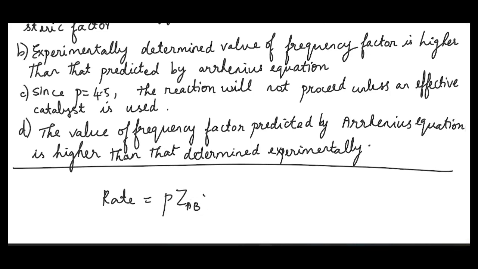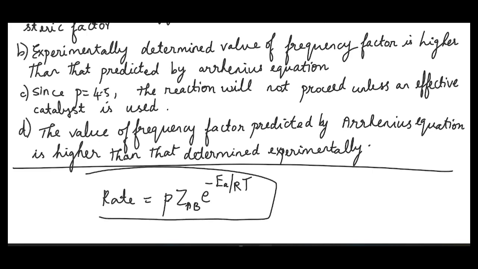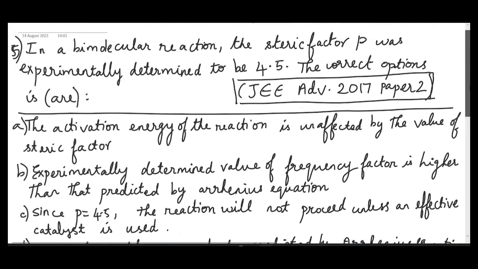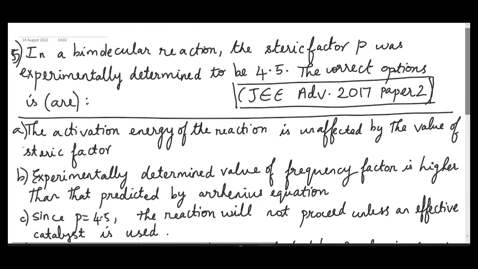So here P is separate and Ea is separate. Otherwise also they are independent of each other. So it does not depend upon the steric factor. So option A is correct.